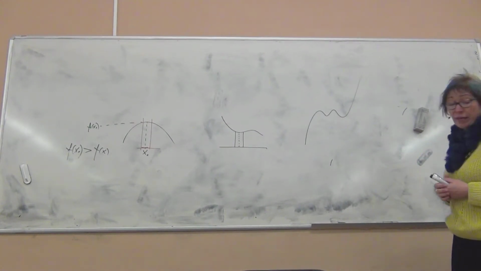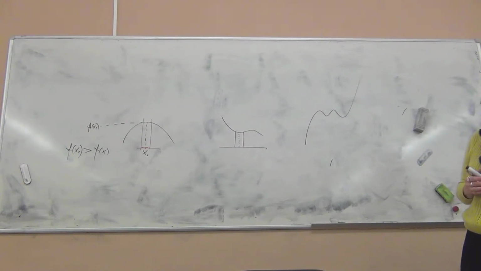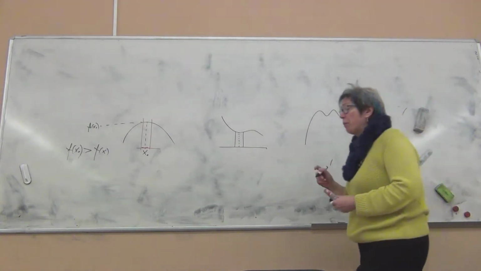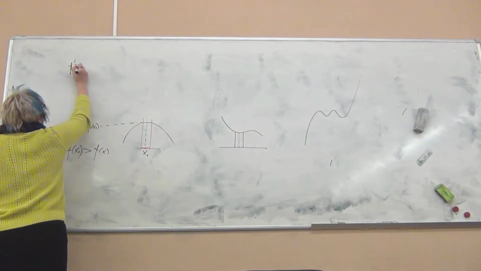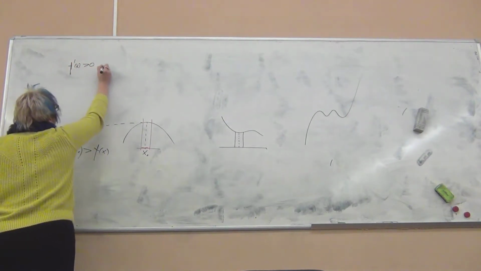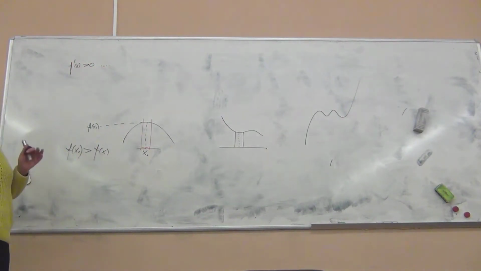And so we can use derivatives to investigate the increase, decrease, minimum, maximum points of a function. So obviously, if in some segment the derivative of a function is positive, it means that at that segment the function is increasing.